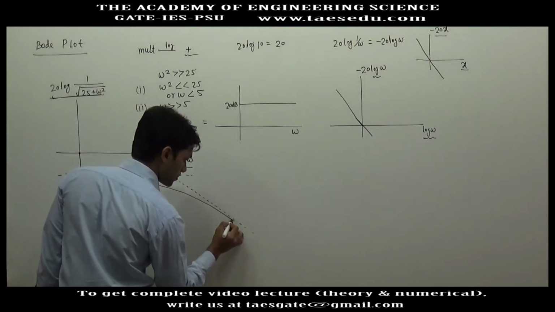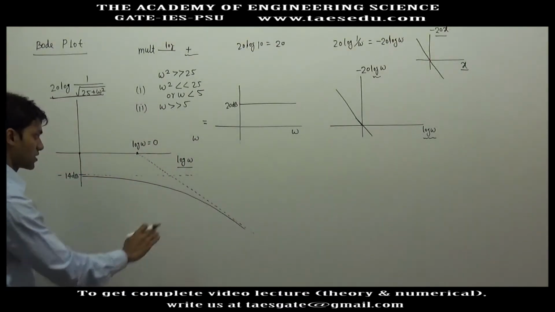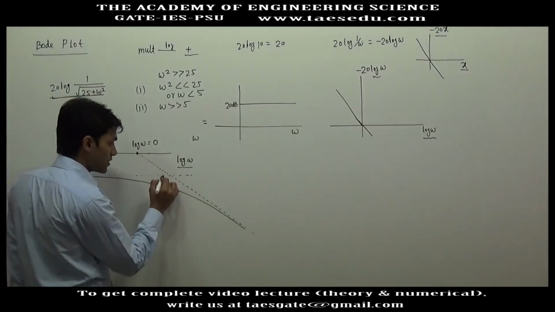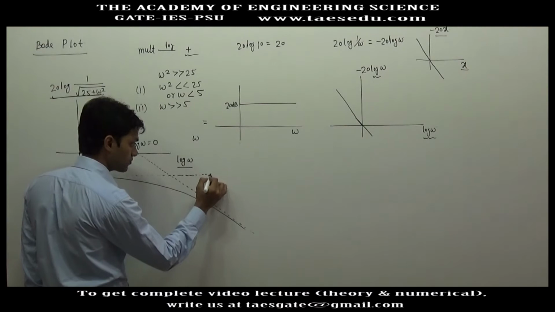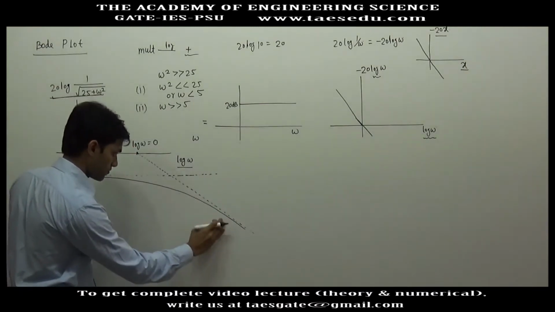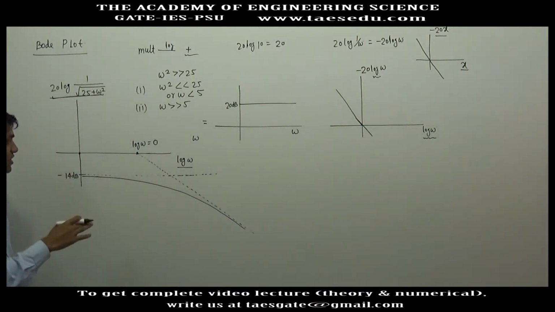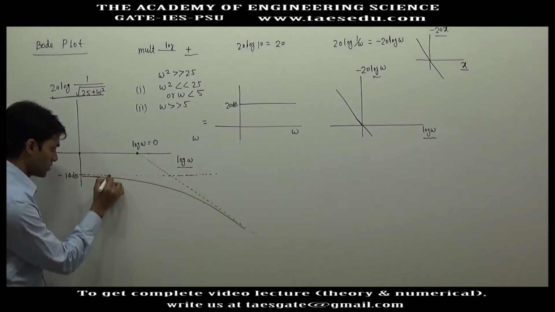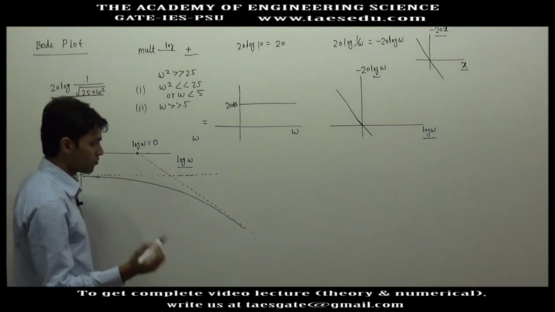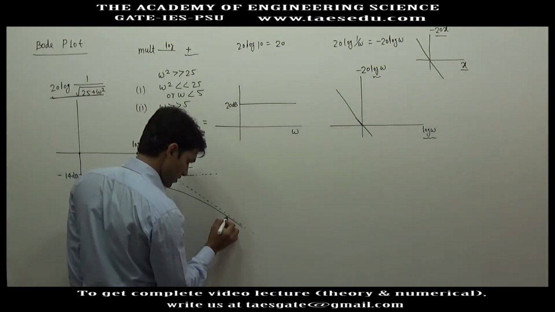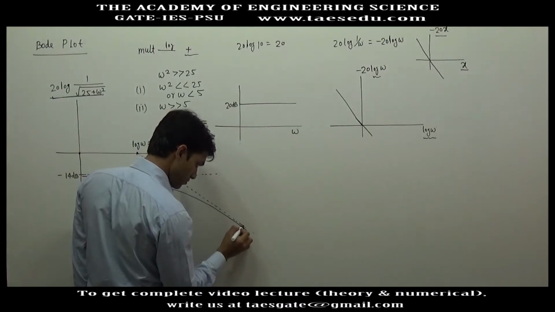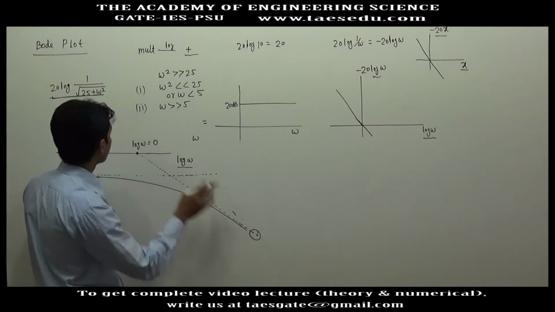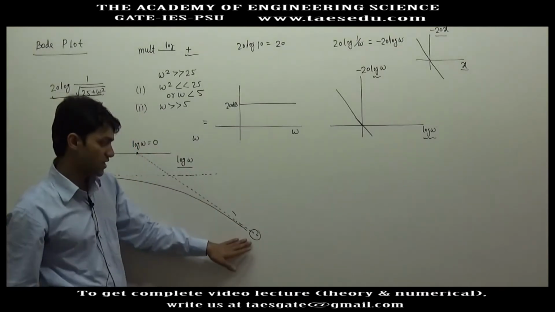But in a Bode plot, instead of plotting this curve, we plot only a straight line. This is the actual graph. When omega is very low, the actual graph will tend to this line. When omega is very high, the actual graph will tend to this line, because this line is the graph of this quantity when omega is very high.